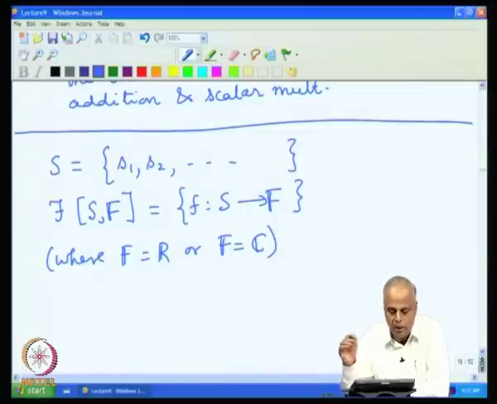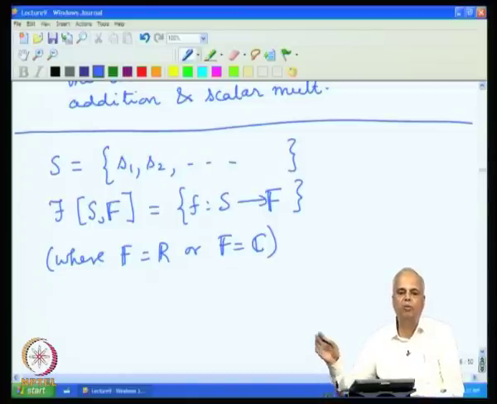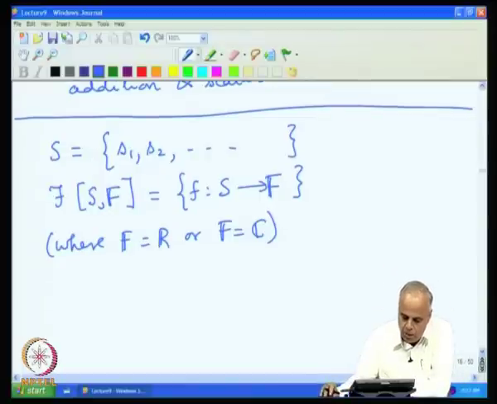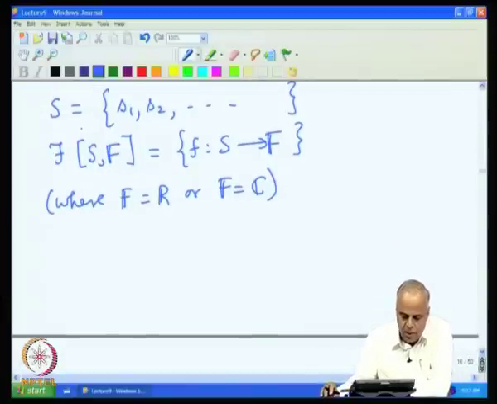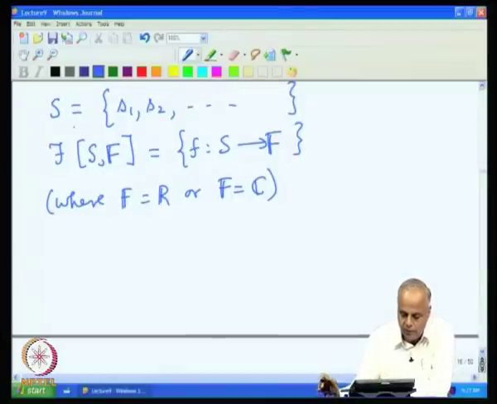The elements can be arranged in the form of a sequence. For example, you can think of S as the set 1, 2, 3, 4, 5, the set of all positive integers.